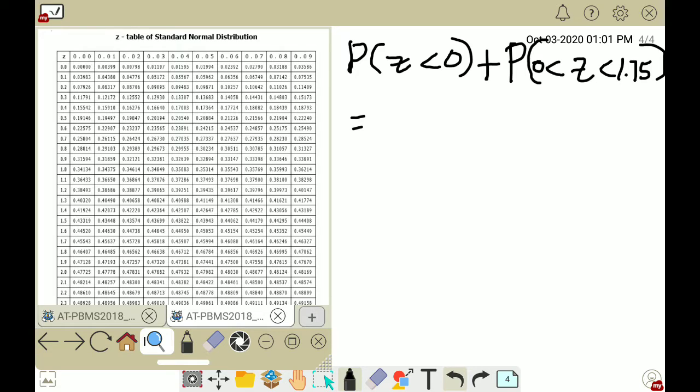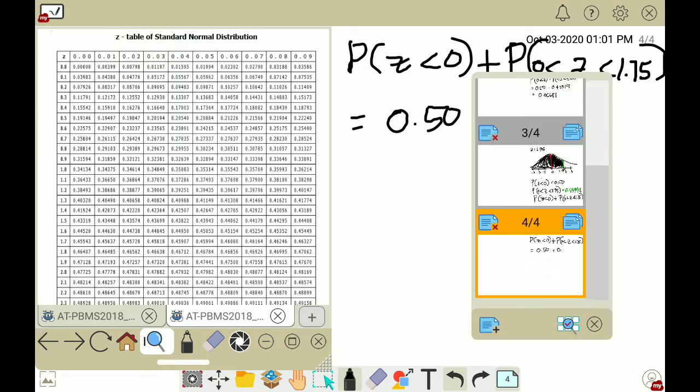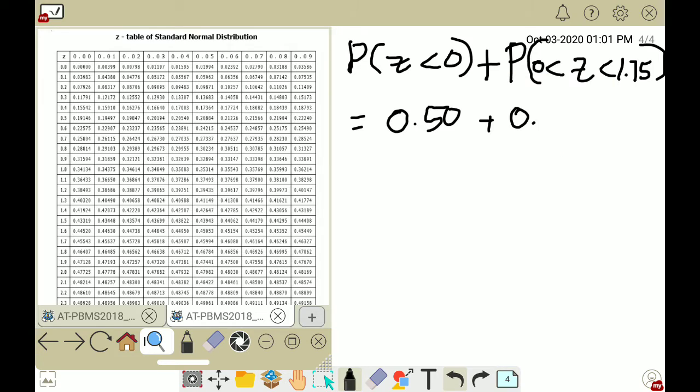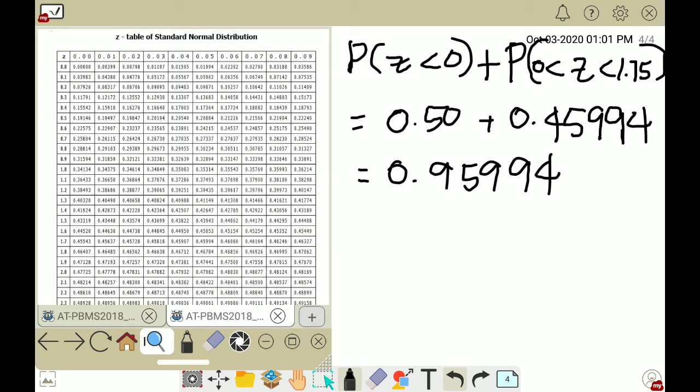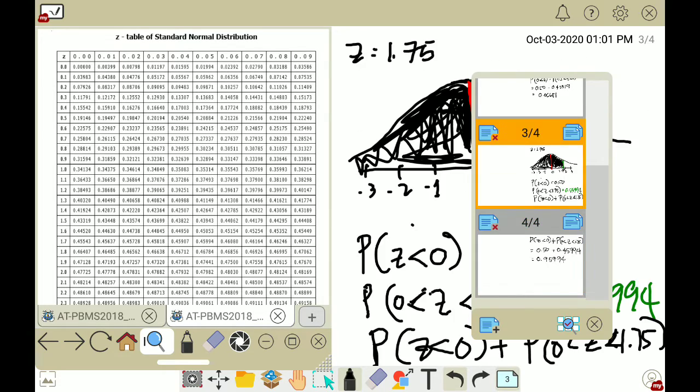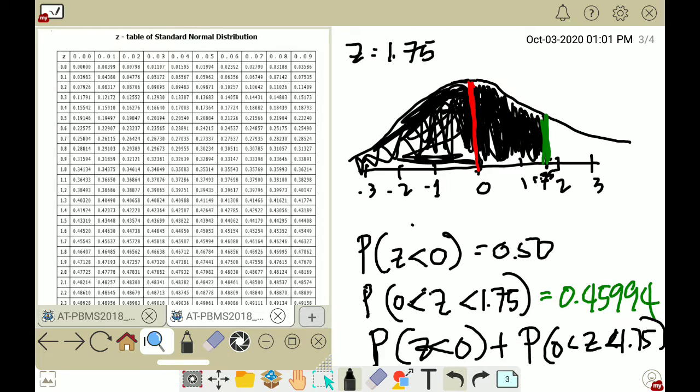That is 0.5 for the area to the left of the mean, plus 0.45994. Okay, so that's a total of 0.95994. That is the area of your shaded portion.